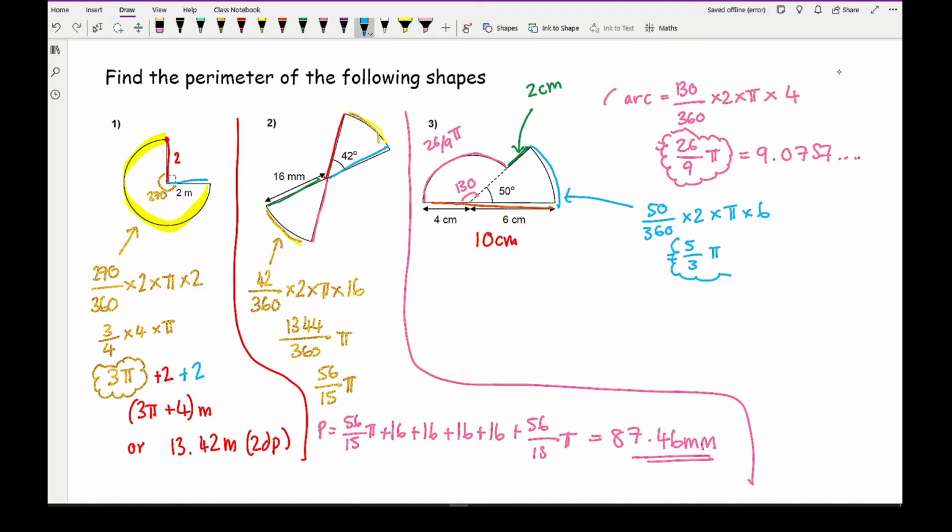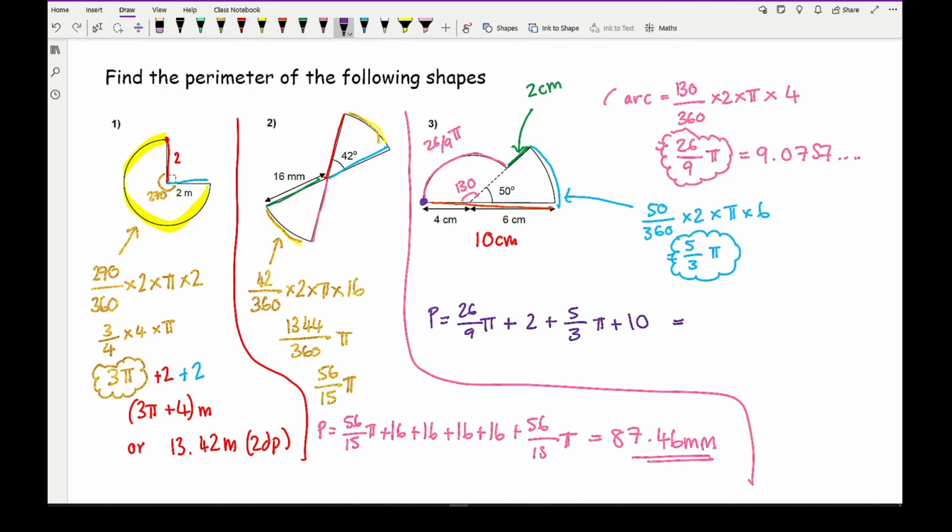So to work out the perimeter of this entire shape, all I need to do is, P equals, starting at this length here and going in a clockwise direction, 26 over 9 pi plus 2 plus 5 over 3 pi plus 10.